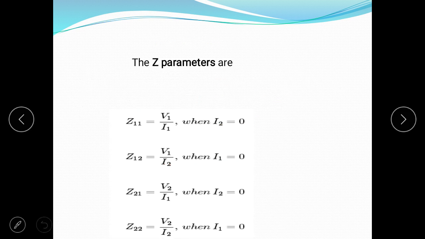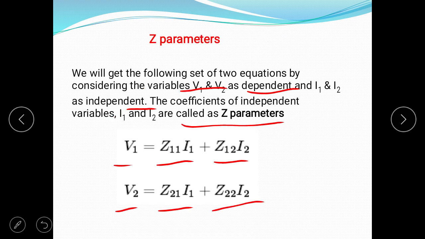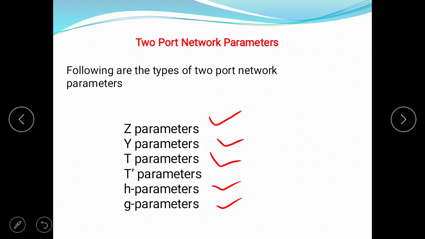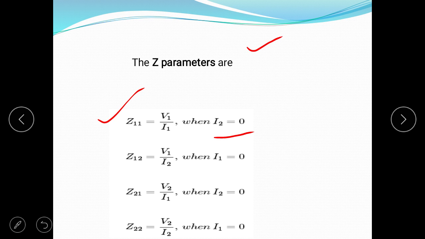So the Z parameters are: Z11 is equal to V1 upon I1 when I2 is equal to 0. Means the value of Z11 in the given network can be obtained when the value of current I2 in the network is 0, and the ratio of V1 to I1 represents Z11.